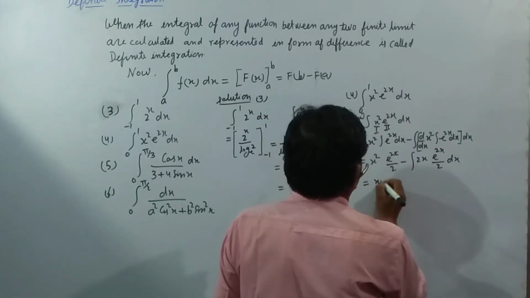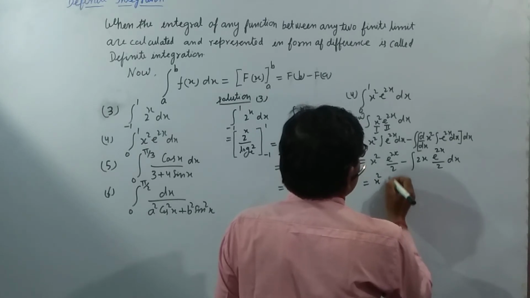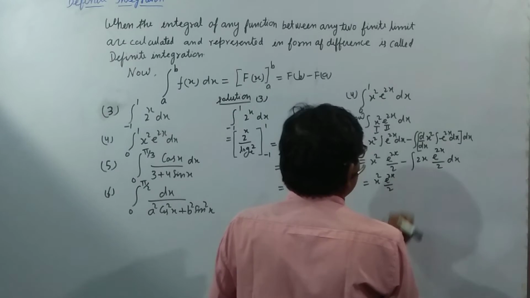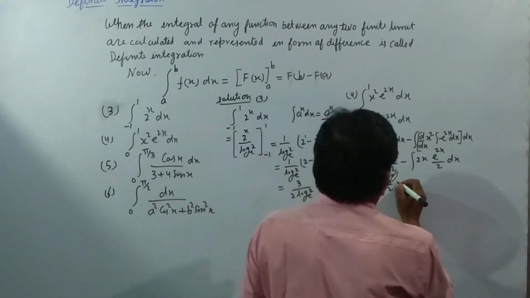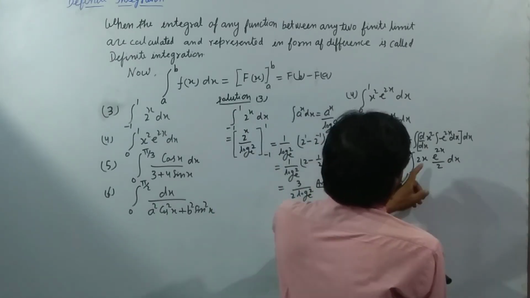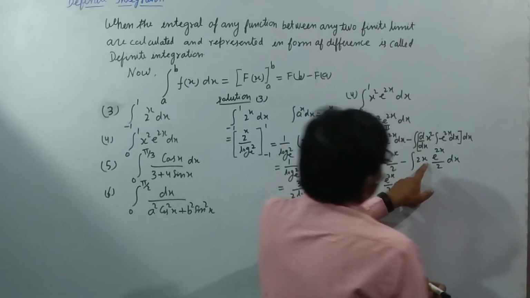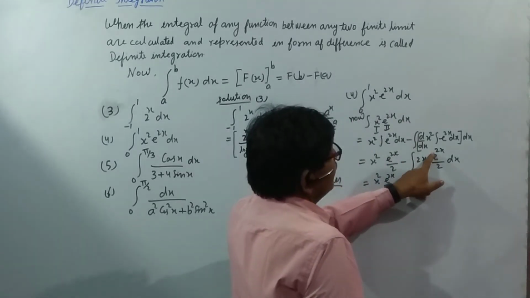This will be x square e to the power 2x by 2 and minus, 2 and 2 cancel. This is the first term, this is the second term.